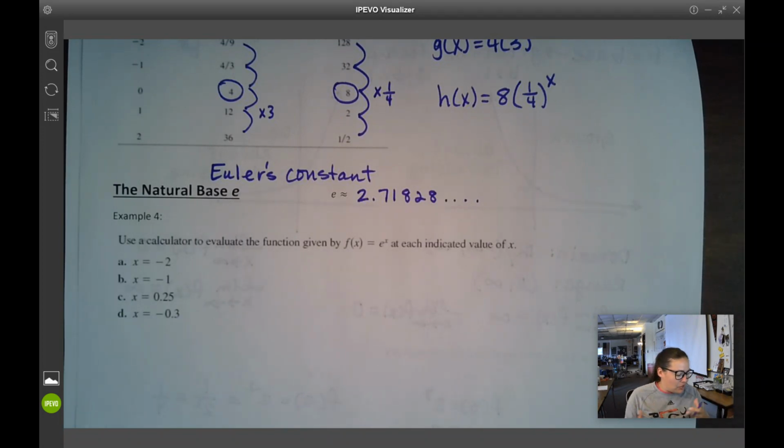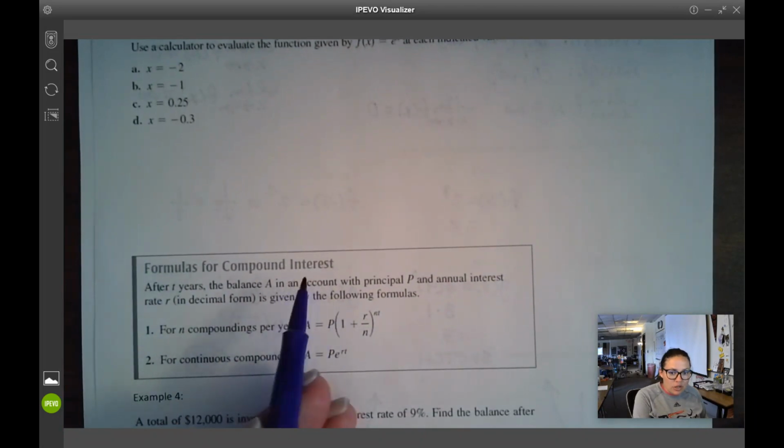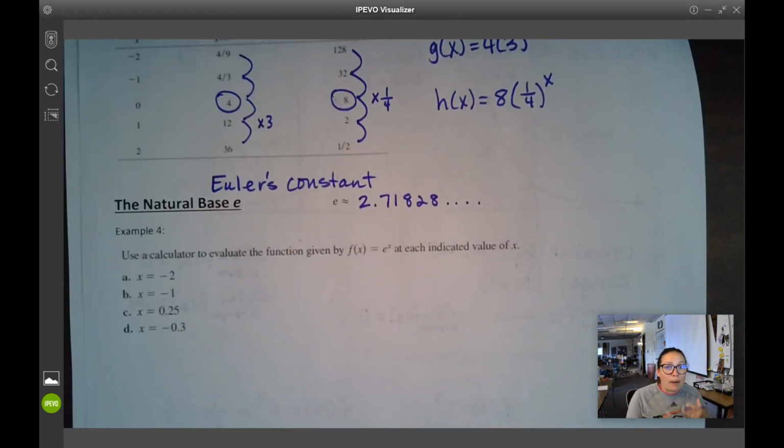A lot of times, and you'll see this in the next lesson or even down below, we talk about interest. Interest is how our money grows. In the next lesson, we'll look at population growth. And e is this number that is very much related to growth.